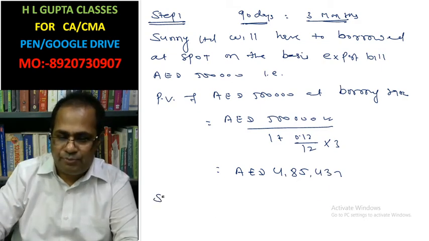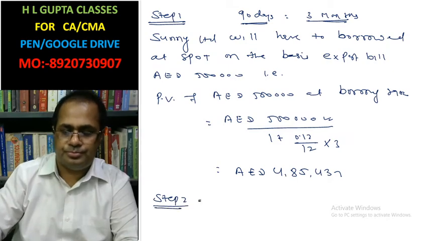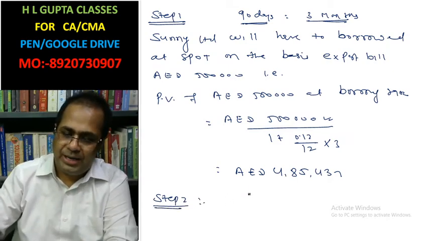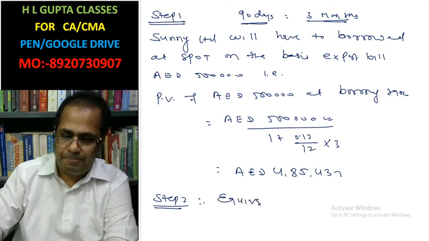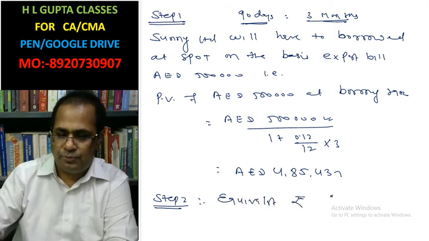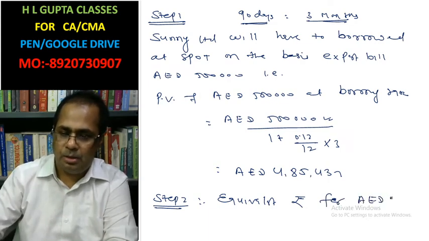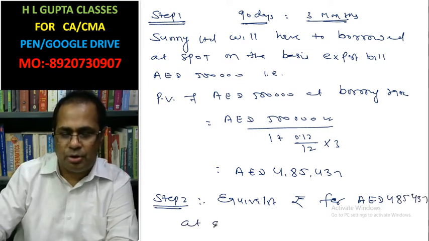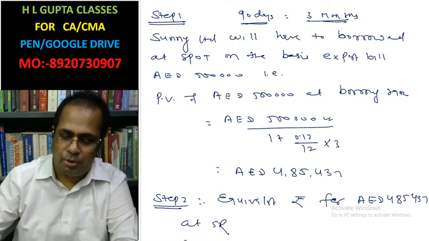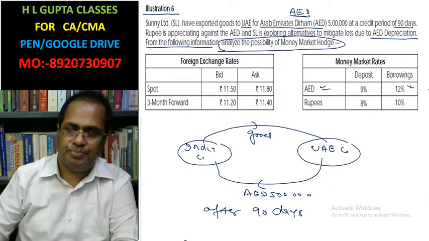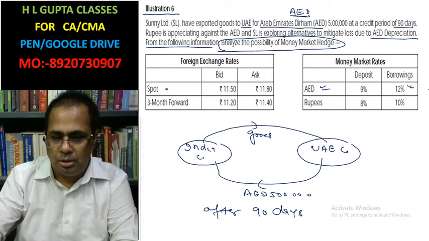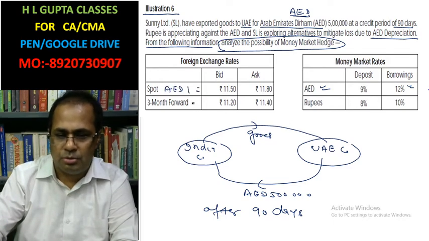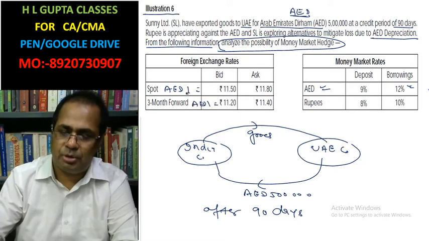Now, step 2, what you have to do? Step 2, equivalent rupees for AED 4,85,437 at the spot rate. You have to convert at the spot rate. So what is the spot rate you have? AED 1 equal to, this is the 3-month forward rate and the spot rate.